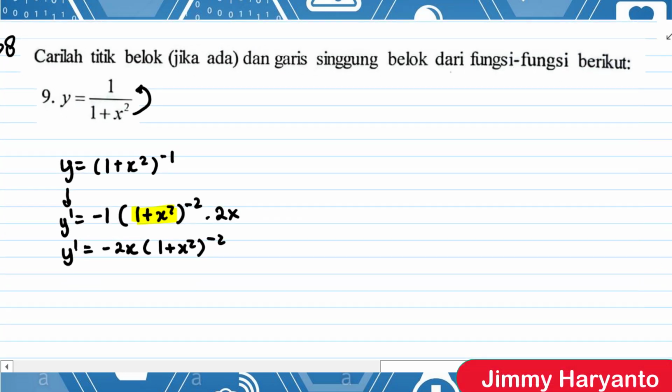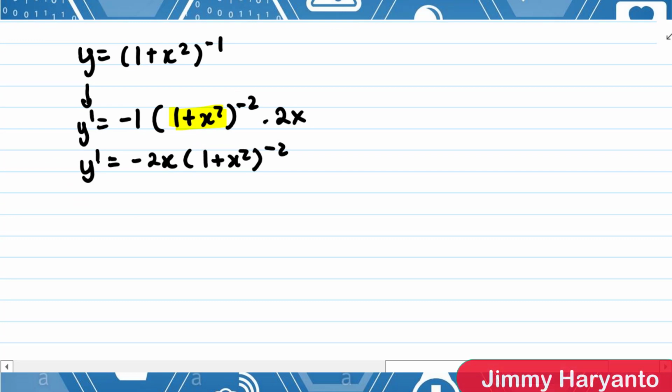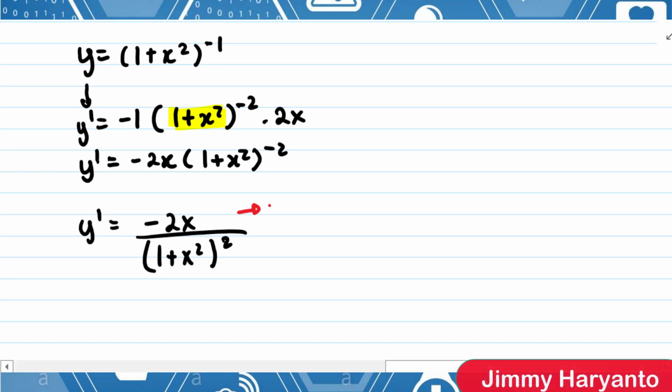Okay, next is to find the y double accent. Now, to find the y double accent, I will have to use u times v, or maybe u over v, yeah. We don't have any other options for this one. Negative 2x, I will change it into u over v, (1 plus x squared) to the power of 2. Okay, this one is the u, and that one is the v.